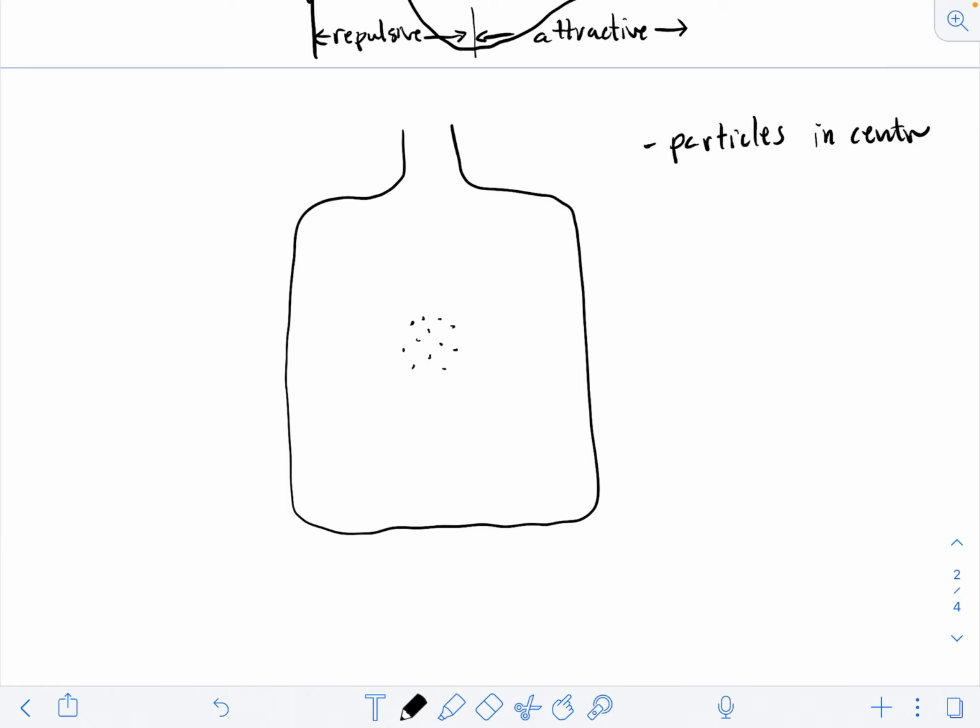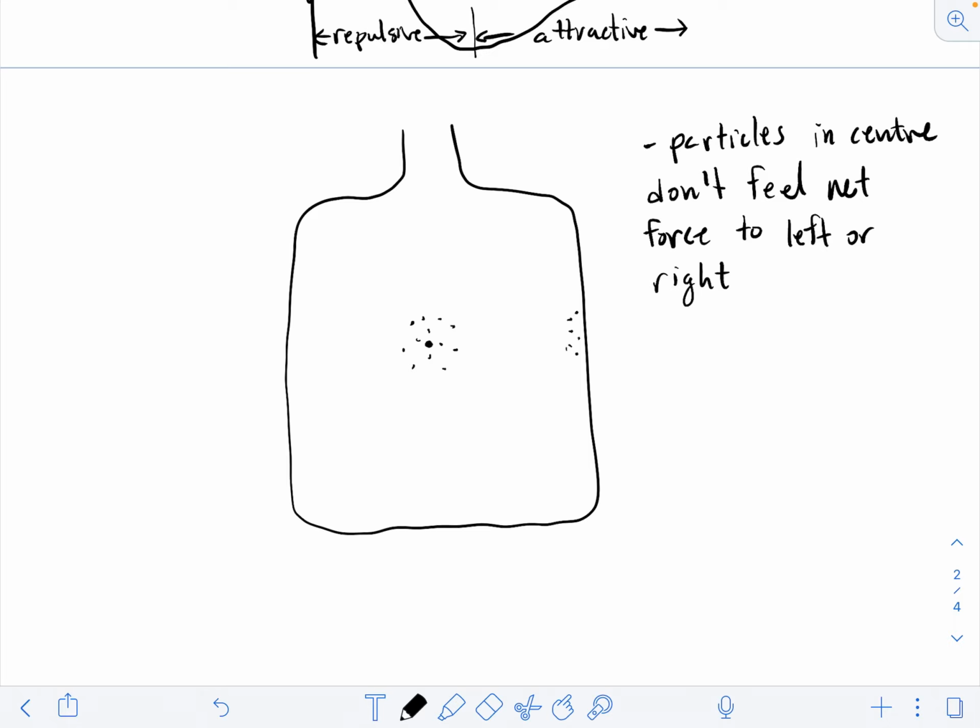So particles in the center don't feel a net force to the left or right or up or down or into the screen or out of the screen. That's because if I take a particle right in the middle here, it's surrounded by an equal number of particles immediately to its left and immediately to its right, and it's attracted to all of those particles equally, and so there's no net force in a preferred direction.